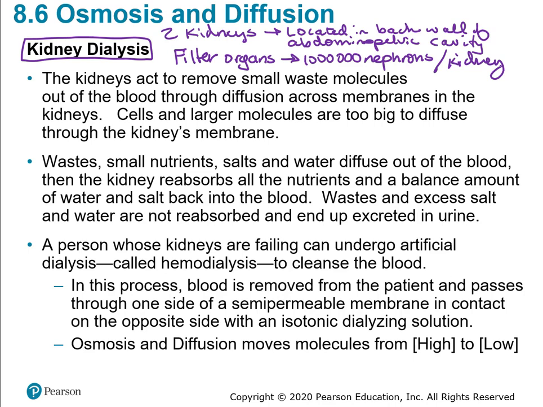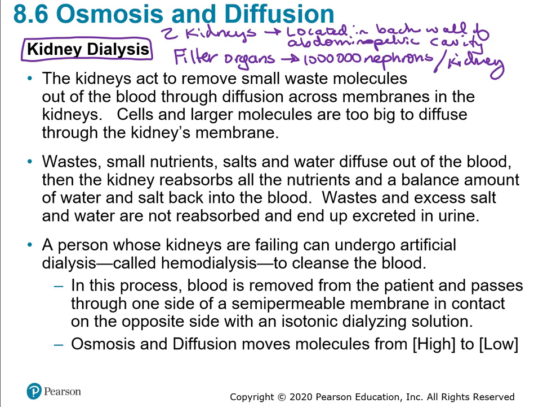So the goal is the kidney filters the blood. It removes almost all of the fluid, not all because then the blood would get solid, but almost all of the fluid from the blood. It puts back all the nutrients, and it puts back a balanced amount of salt and water into the blood, and the blood leaves and it's been filtered.